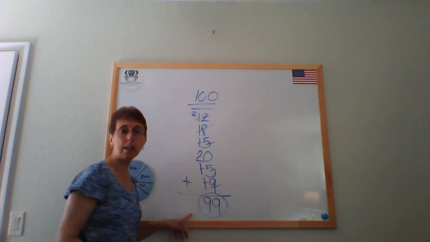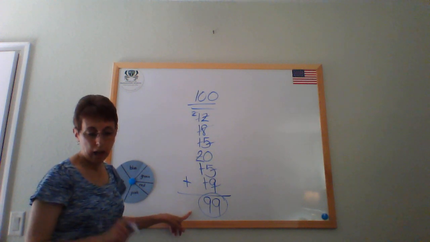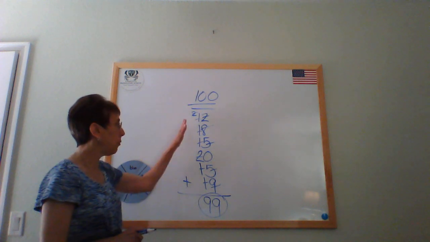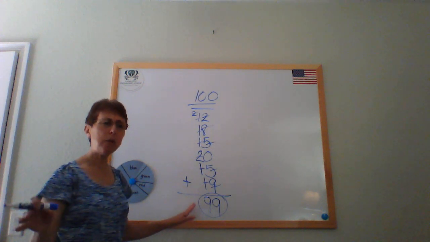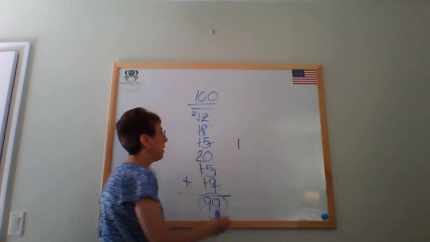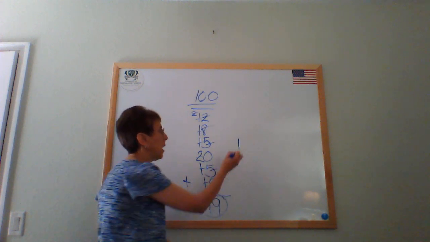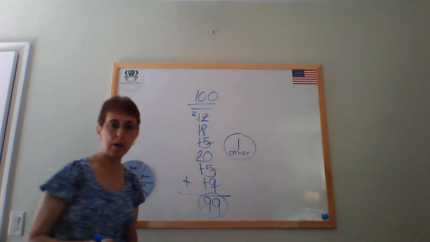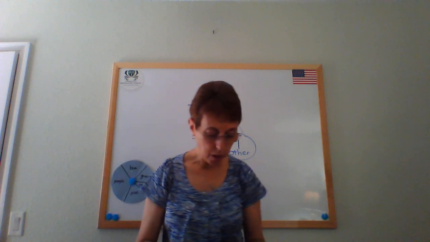So with all of the activities on that graph, that's a total of 99 children. And it did tell us that there were 100 children at the park. So if we know that 99 children were busy doing all of these activities, how many children fell into that other category? Simply 1. 100 minus the 99 that we've totaled up gives us 1 student that belongs in that other category. Okay. All right, there you go.